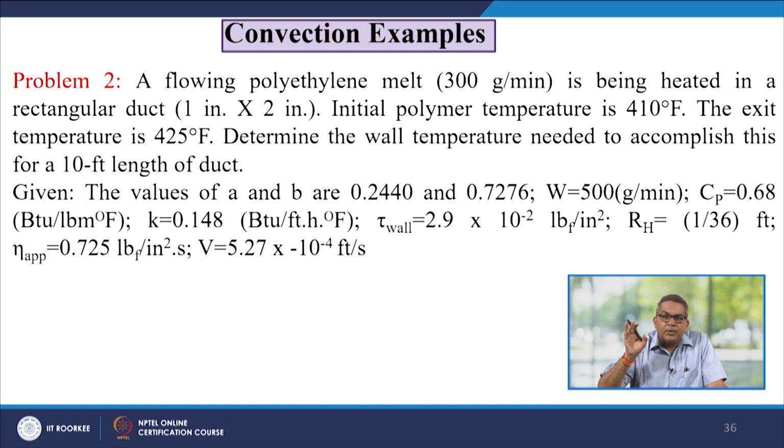Determine the wall temperature needed to accomplish this for 10 feet length of duct. It is given that the values of A and B, the Cp value, W value, K, tau value, R_H, eta apparent and V are also given. So, let us try to solve this particular problem.